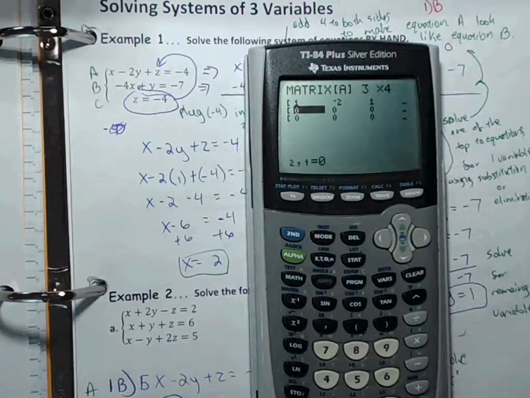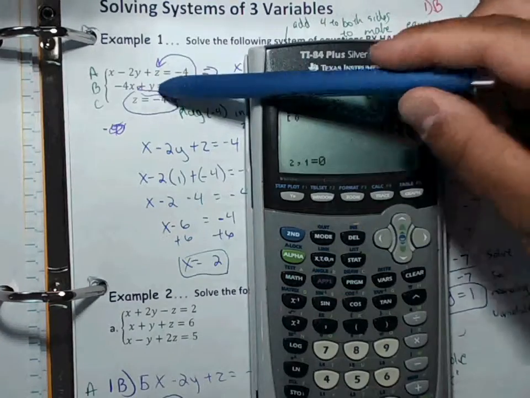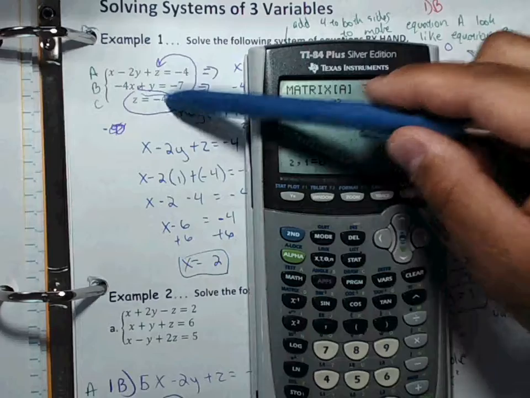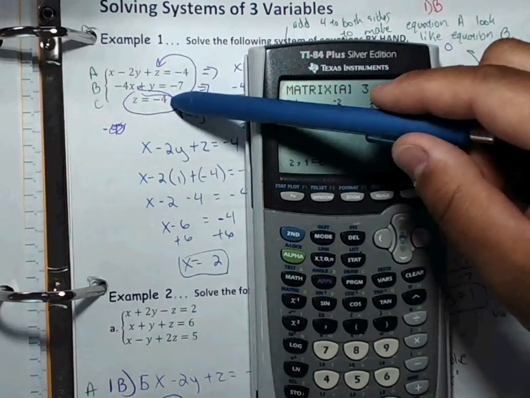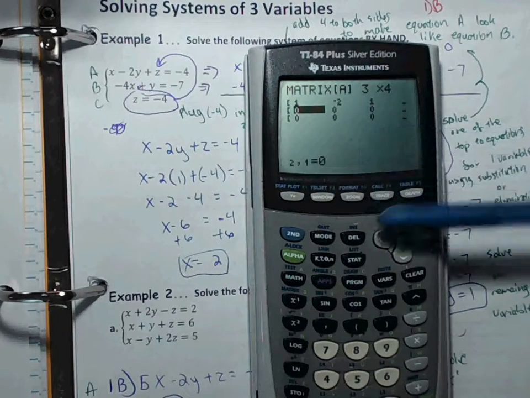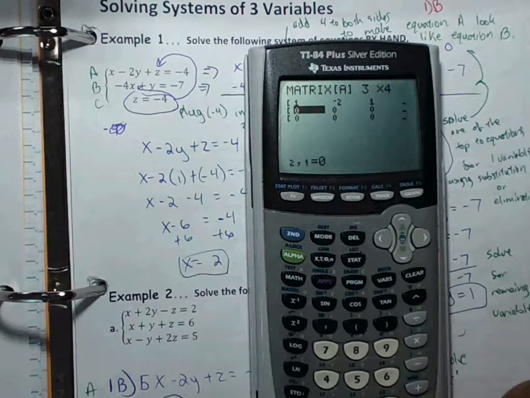Now we got to be careful here, ladies and gentlemen, because if you look at this second row, they kind of push things over a little bit. We don't have a z at all. So whenever we get to the column for z, which is the third column, we put a 0. So what's my first one? -4. What's my second one? 1. And then I'm going to put a 0 because I don't have a z term.